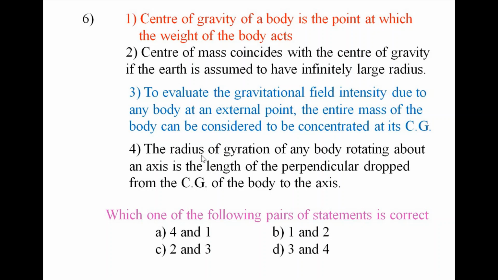Number 4, radius of gyration of any body rotating about an axis is the length of the perpendicular dropped from the center of gravity of the body to the axis, is a correct statement. And number 1, the center of gravity of a body is the point at which the weight of the body acts. So here friends, we see some important points and MHT CET objectives on the topic center of mass.